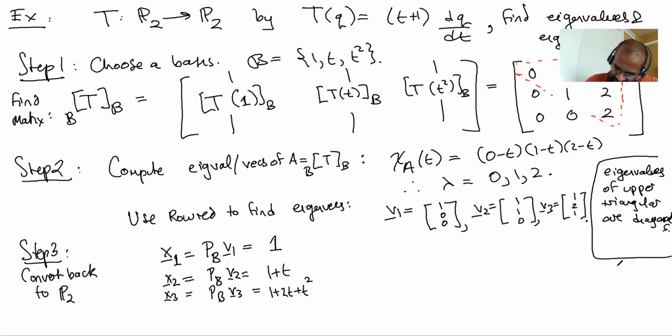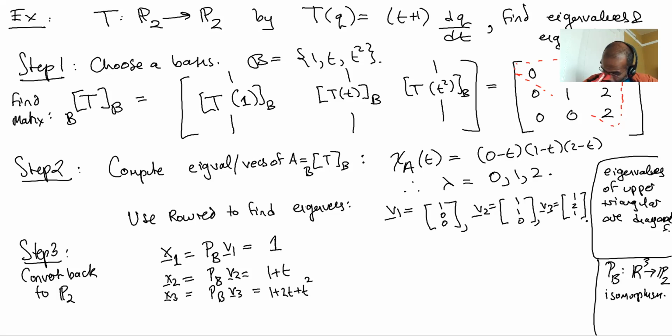And here P_B is the isomorphism from R3 to P2, which just takes a linear combination of the basis elements.